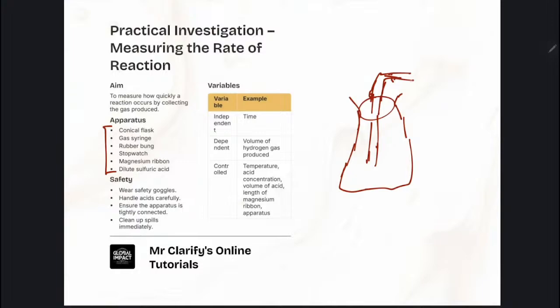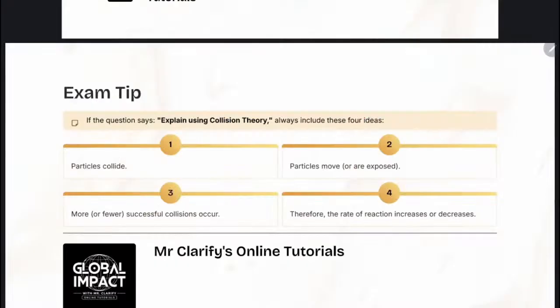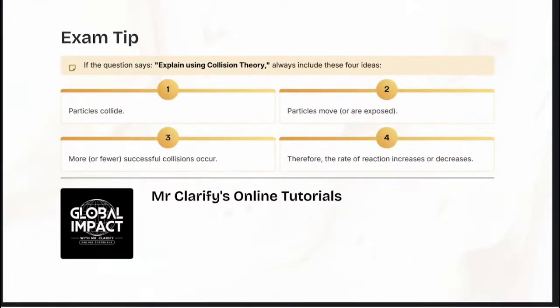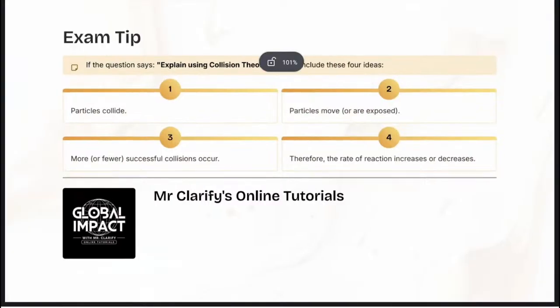It goes to your syringe. Here is a syringe. So this is what you do. Then you put your ribbon inside, and the bubbles go up and into the syringe. So this is how you measure the rate.